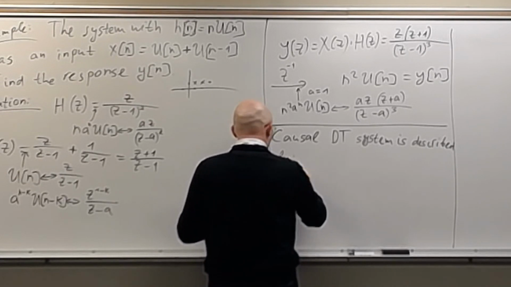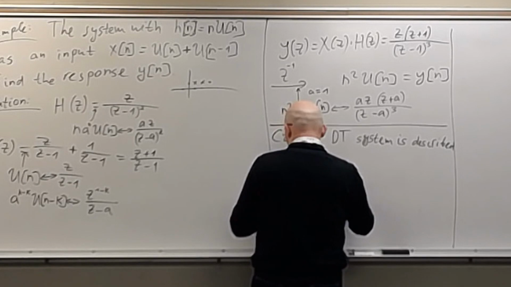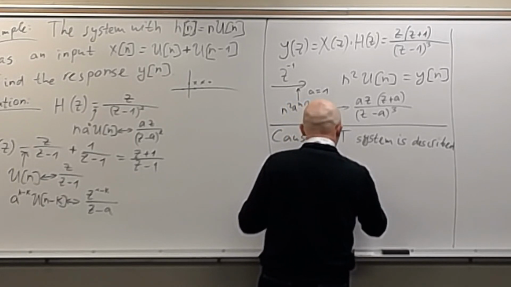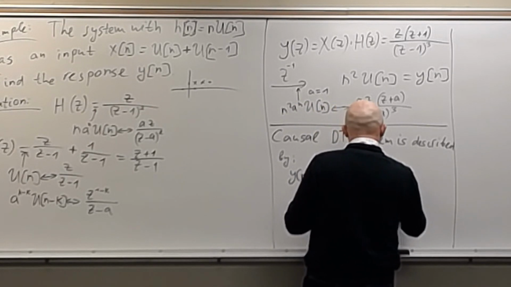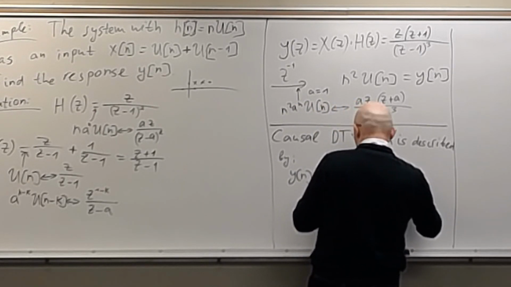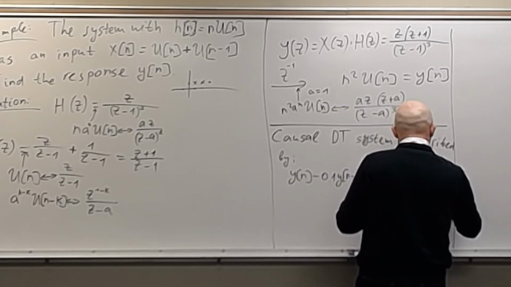So this is the system: y[n] minus 0.1 y[n minus 1], which is delayed by one, minus 0.5 y[n minus 2] equals x[n minus 1].